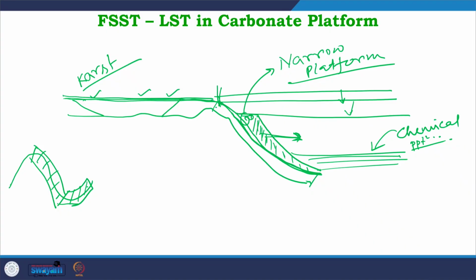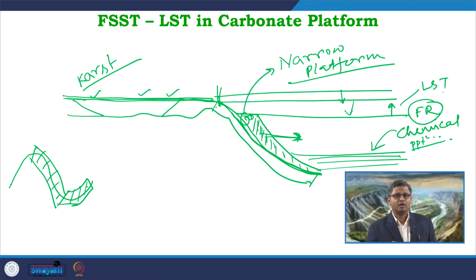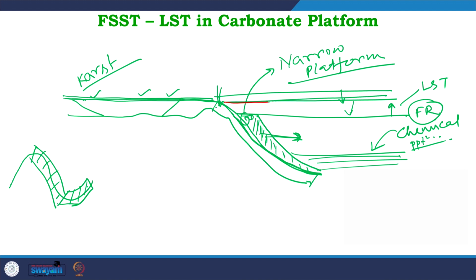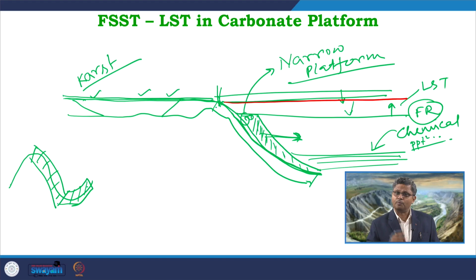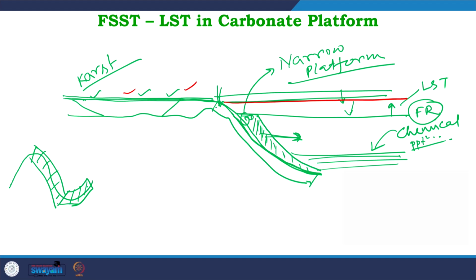As you can see over here in this condition, say for example, this is the last phase of forced regression, and from there when the base level starts rising during the LST, even during that phase, this area, if this is the level which is reached at the end of the LST, so base level started rising, but even till this time this entire shelf is exposed, this entire shelf is going through this karst process and it is experiencing shutdown of the carbonate factory.